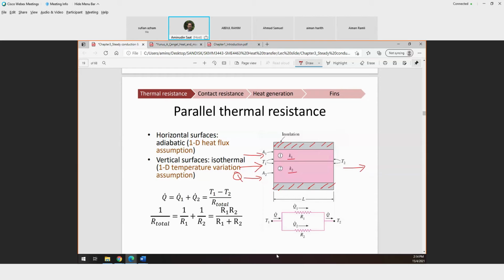First you need to represent the system in a thermal resistance diagram. This is the schematic, and this is the thermal resistance diagram.